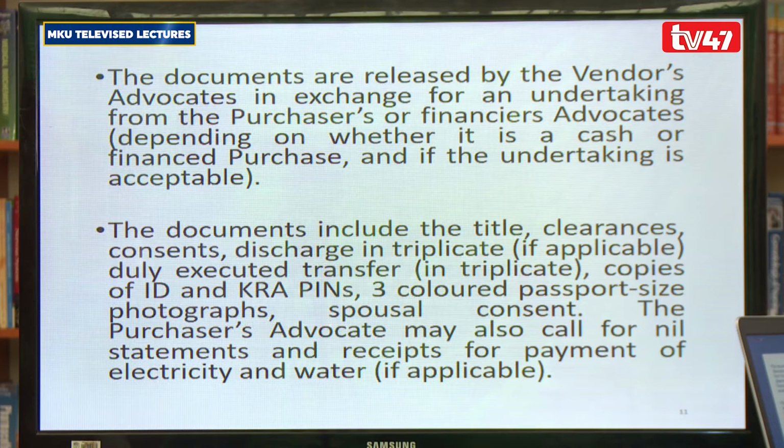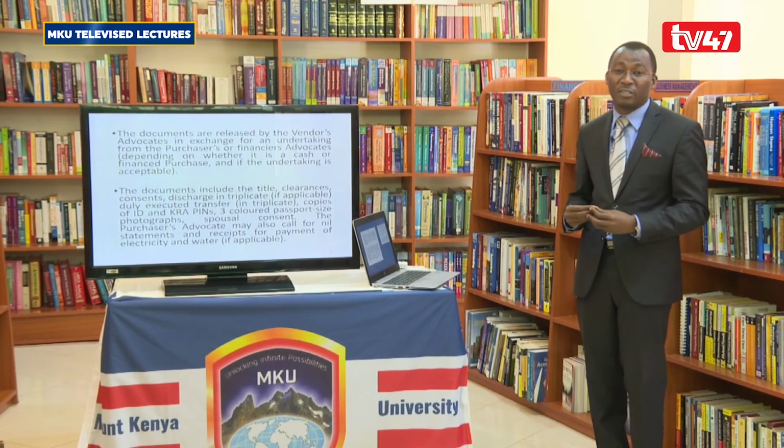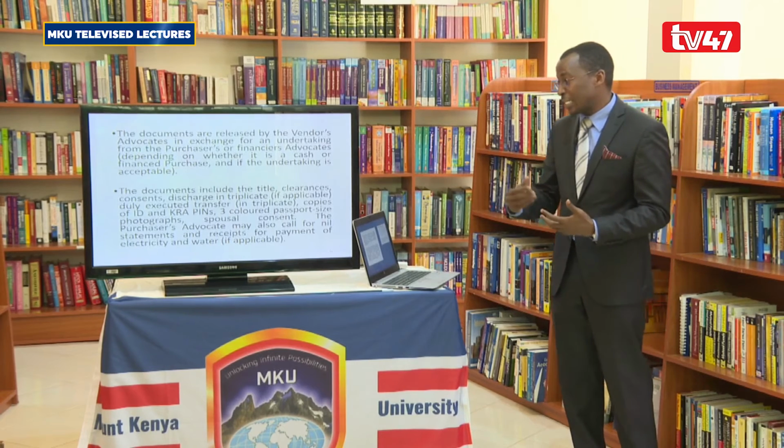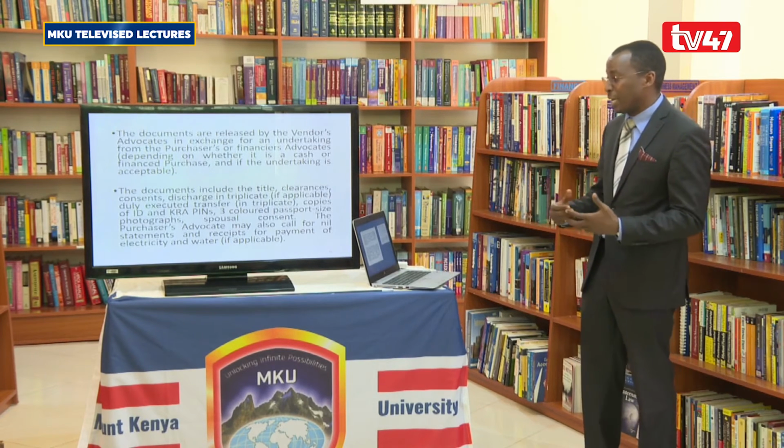These documents are typically what advocates call the completion documents. It will depend on whether it's a freehold or a leasehold, but largely these completion documents will include the original title documents, the consents that would be required, the clearances, the discharge documents if the particular property was the subject of a charge, the duly executed transfer documents, copies of ID of the parties, the passport photos, the PINs, and spousal consents, and such like.